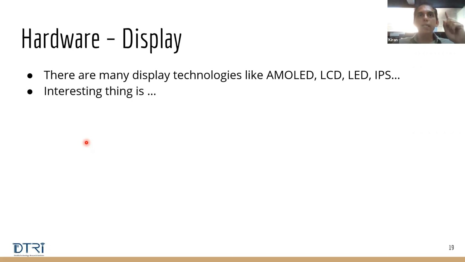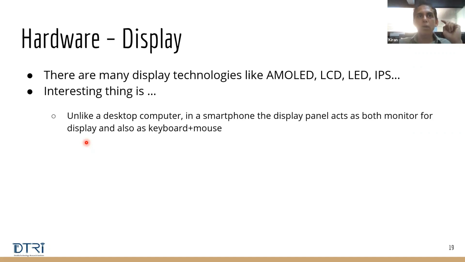But the interesting thing we have to remember, unlike a desktop computer, in a smartphone the display panel acts both as a monitor and as an input device, right? So today in smartphones, it is not only used to view something, but it is also an input device. That means it is also used as a keyboard and a mouse. Correct, right? So that's the difference.